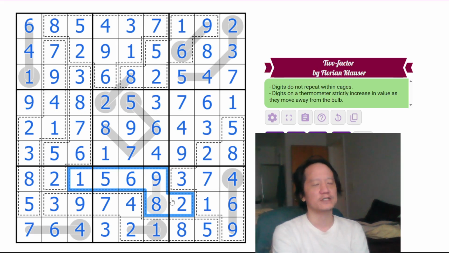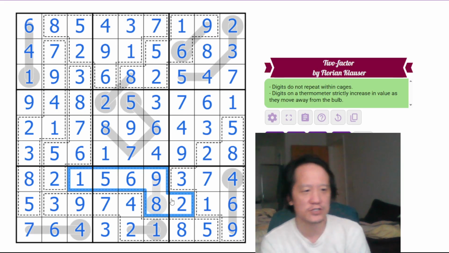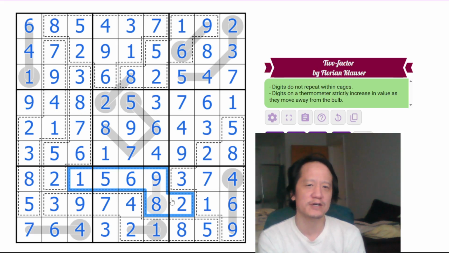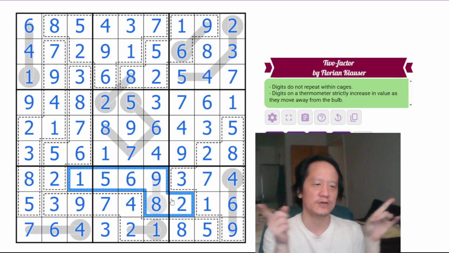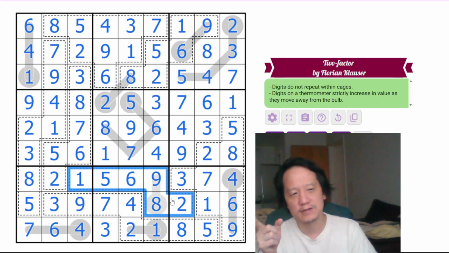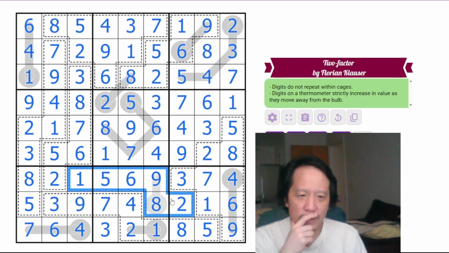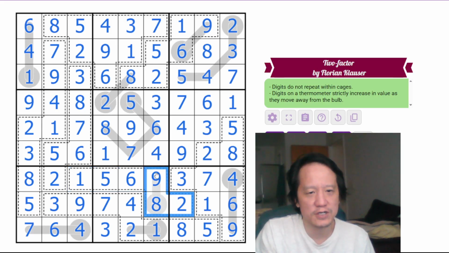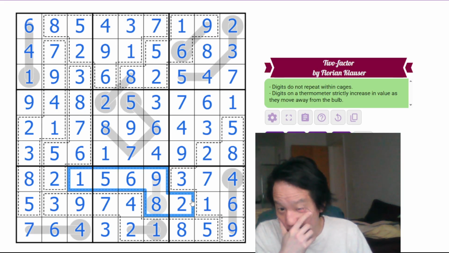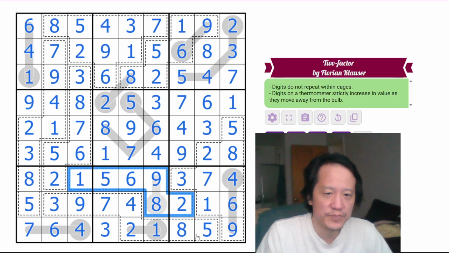I don't know actually why they're called killer cages, but my suspicion is that they kill other duplicates, right? Anyways, it's just using the logic that the killer cages specifically have to have unique digits. You cannot have repeats within them. And it used it very well, actually.